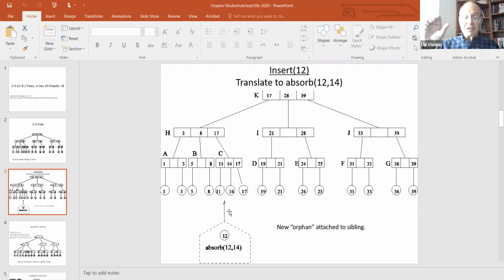And in a way, you are anchoring, you are absorbing the value 12 by making it sort of a parasite on 14. However, this immediately invites a question. What if the value you want to insert is larger than the largest?